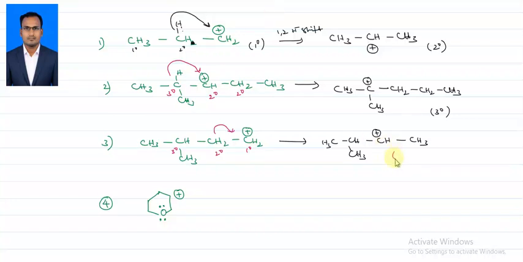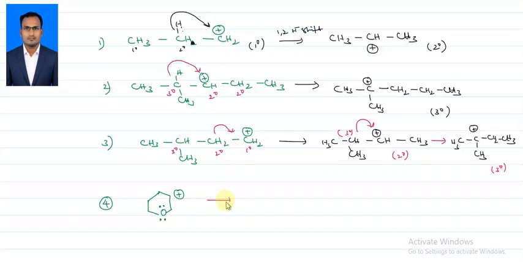Now this is a secondary carbocation. Adjacent is tertiary, which is possible. Now again this hydrogen shift can take place. And now the product is CH3-C+(CH3)-CH2-CH3. It is tertiary, which is more stable, right?